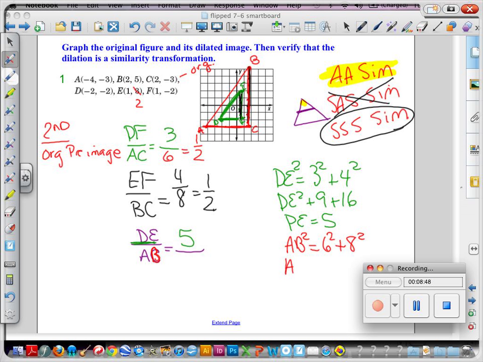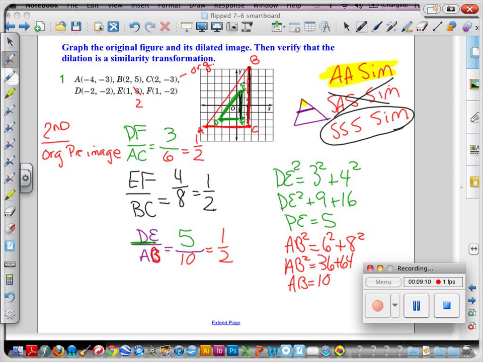So now I've got my AB squared: 36 plus 64, that's 100. Square root of 100, 10. Okay, I was hoping for 10, right? Because I wanted to get half, and I'm getting half. So I've just shown that it is a similarity transformation.